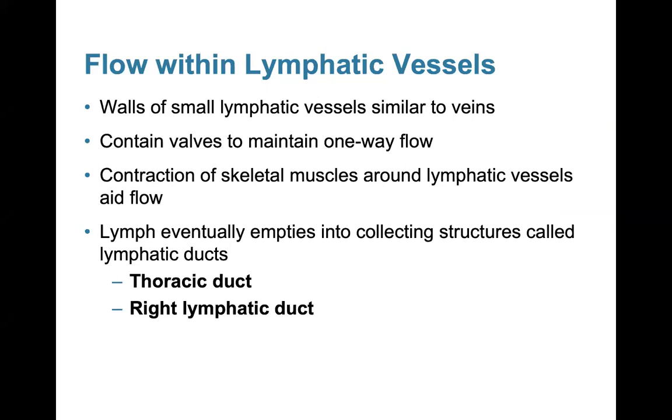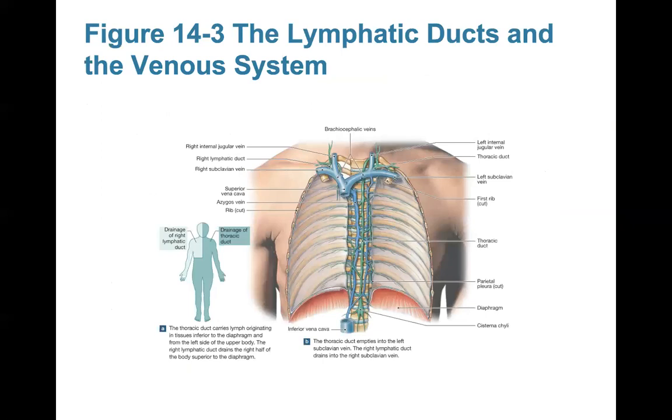Now, the walls of the small lymphatic vessels are very similar to that of veins. They contain valves to maintain one-way flow. Contraction of the skeletal muscles around the lymphatic vessels will aid flow, and lymph eventually empties into the collecting structures called lymphatic ducts. The two ducts that we have are the thoracic duct and the right lymphatic duct.